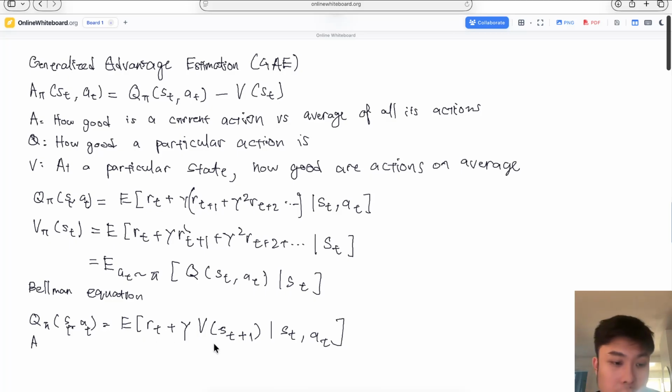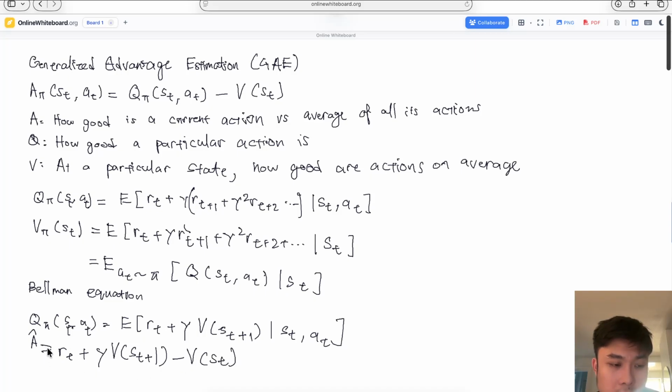One way to handle this is to take a single sample estimate of A. If we take a single trajectory, it will be R_t plus the value of the next state, if we take the action, minus the value function of the current state.